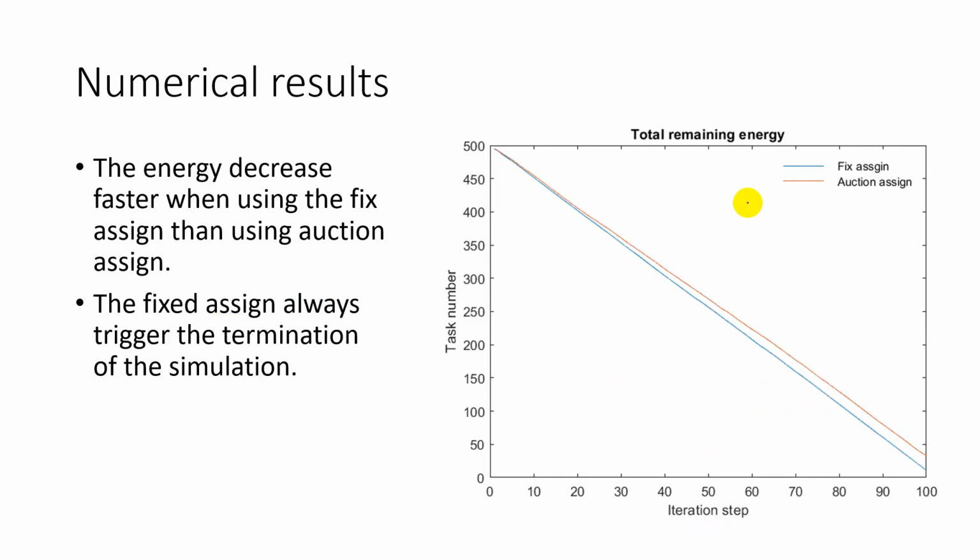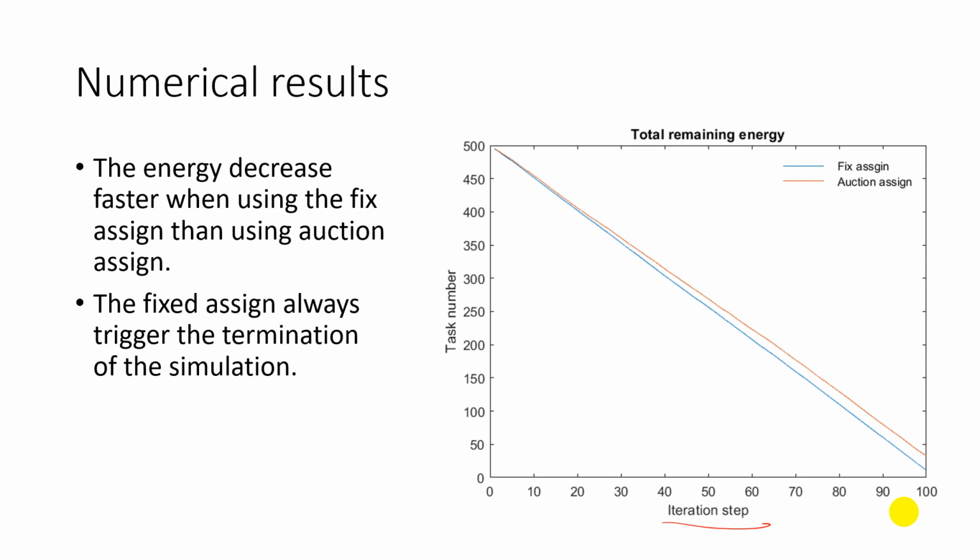The next one is the total remaining energy of the 3 robots. I made a summation of the energy of the 3 robots, and again the blue one is the fixed assignment and the orange one is the auction assignment. Along the iteration steps, the total remaining energy decreases as the iteration step becomes larger, because each back and forth takes energy.